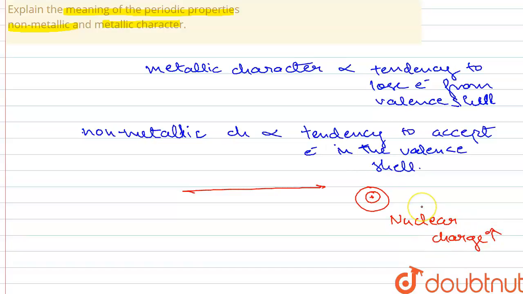Due to the increased nuclear charge, the nuclear attraction towards the outermost electrons increases, and it pulls the outermost shell towards itself, and so the size of the atom decreases. So these outermost electrons get tightly bonded to the nucleus.